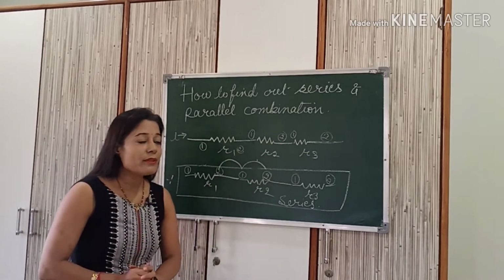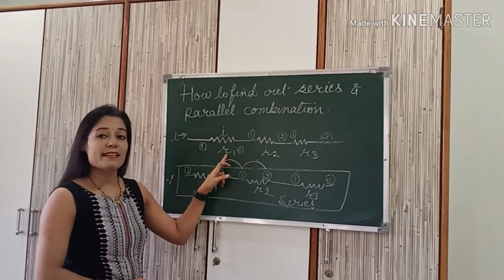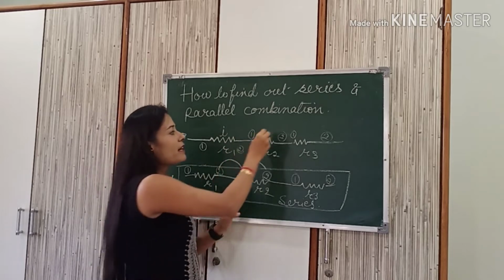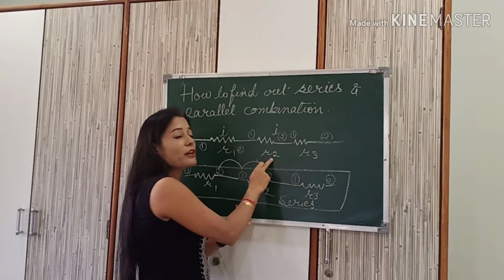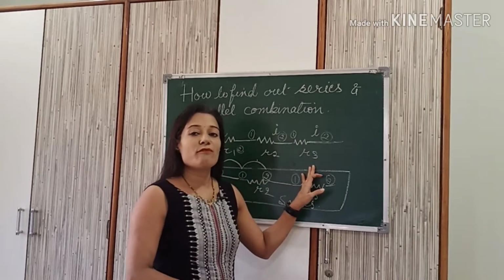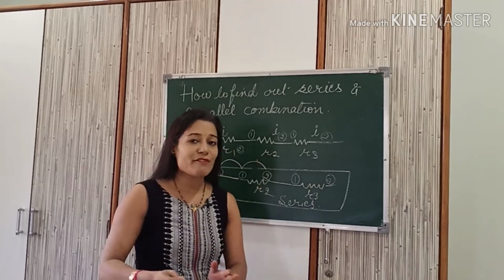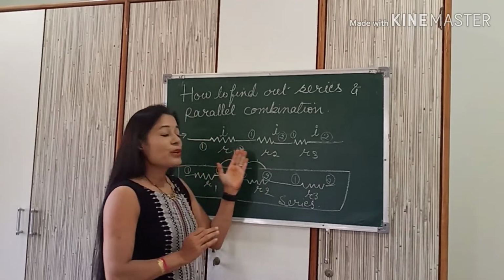So what will happen? I amount will flow across this first resistance, the same amount I will flow across this second resistance, and the same amount I will flow through this third resistance also, irrespective of their magnitude and values.